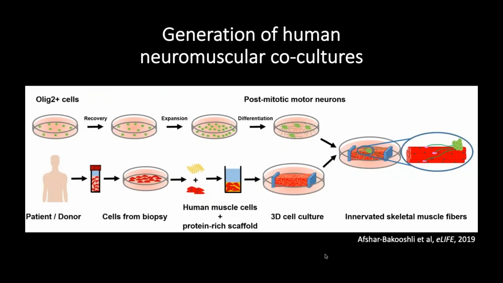Initially, we tried a number of approaches to coax these two cell types to grow together. We tried difficult things like producing 3D human skeletal muscle tissues and then placing very carefully a cluster of motor neurons on top of that 3D tissue and then hoping that it would regrow its neurites.